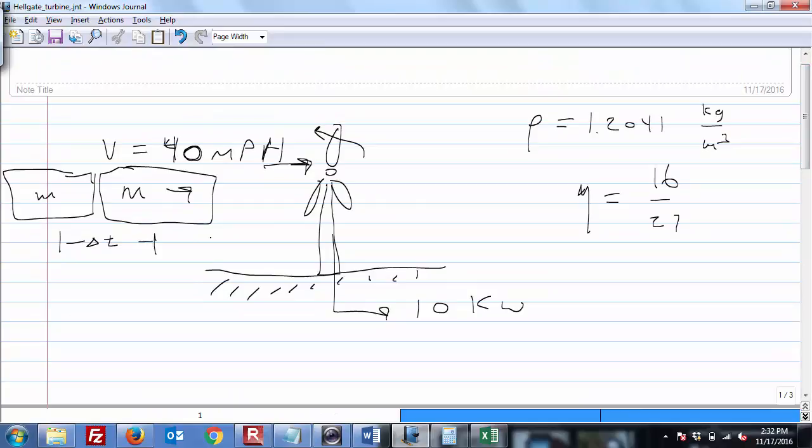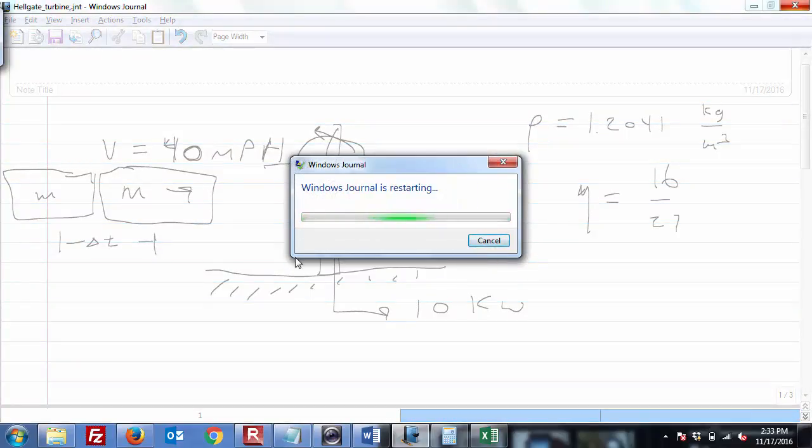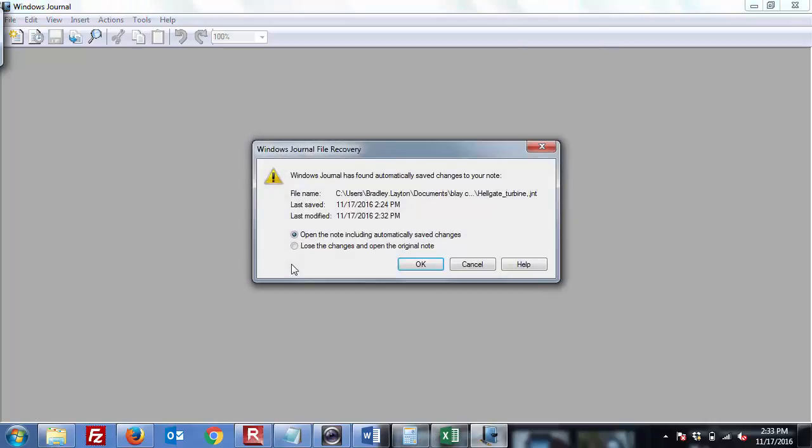We've got a good solution going. So again, the velocity of the wind through this spinning wind turbine is at 40 miles per hour.